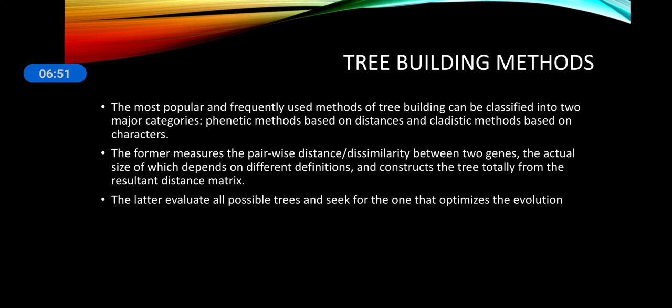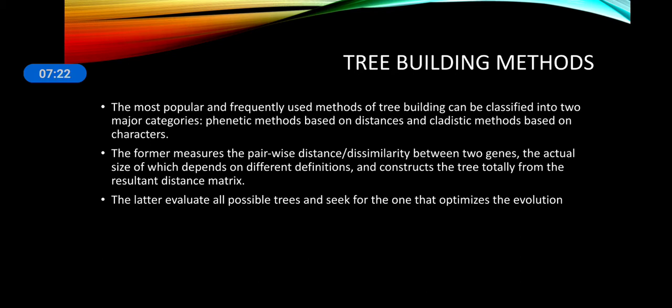So basically there are 2 different methods to build a tree. The first one is the phenetic method, and that is based on distances. The other one is the cladistic method, and that is based on characters. In the case of distance or phenetic methods, they use pairwise distance or dissimilarity between 2 genes, whose actual size depends on the different definitions, and construct the tree totally from the resultant distance matrix.